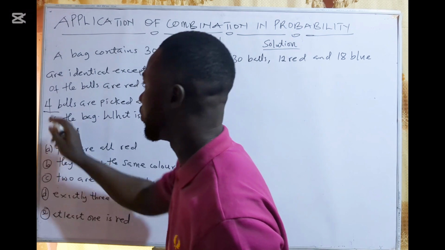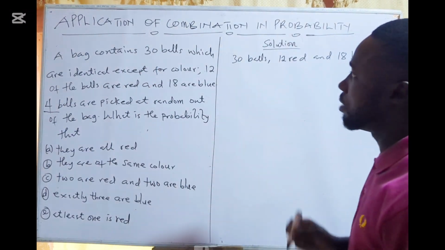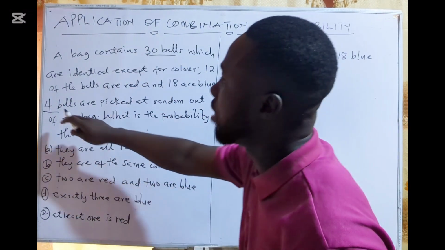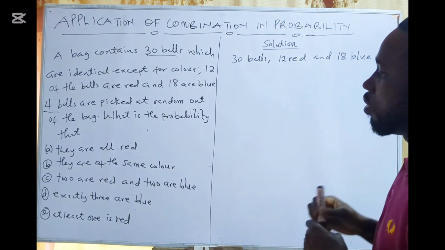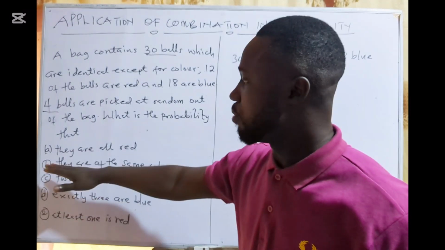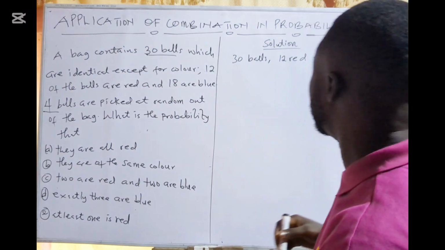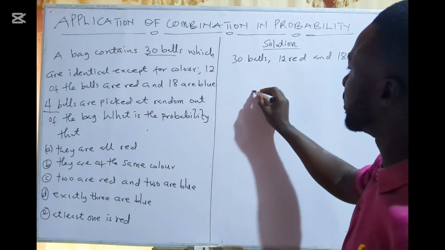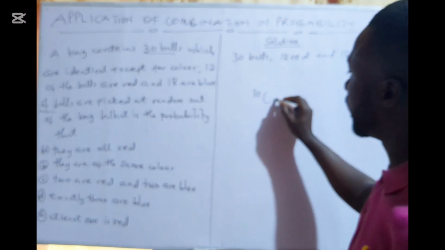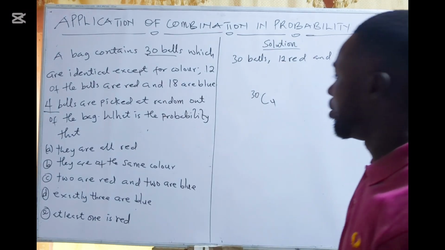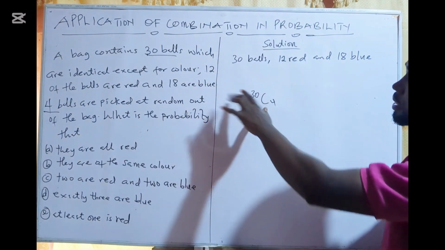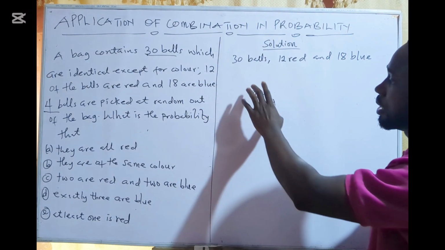We are picking 4. So since we have 30 balls in total and we are picking 4, for any outcome or any event, we are going to divide by the total, which is 30 select 4, 30 combination 4, because the number of balls is 30, and we are selecting 4.